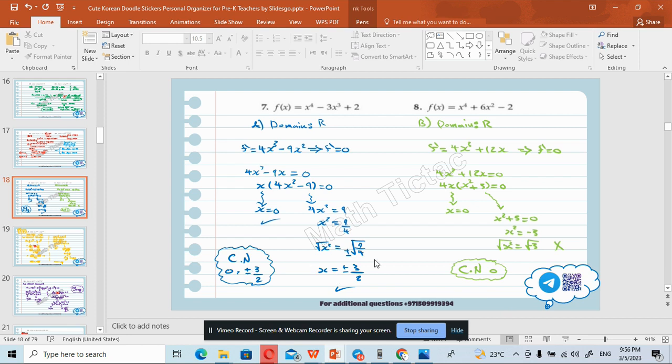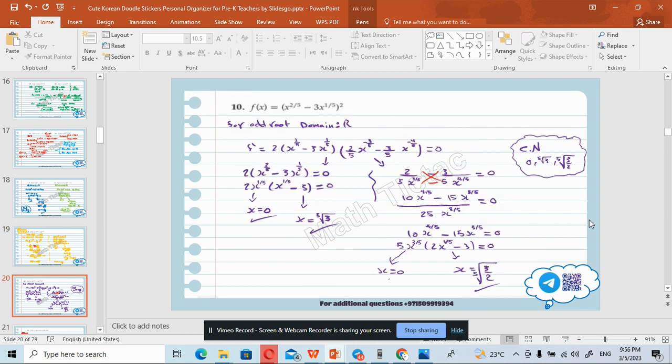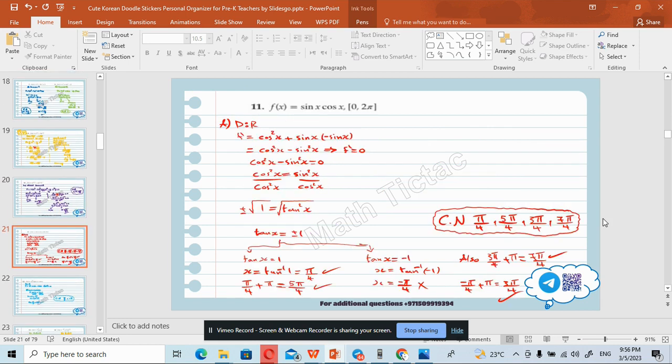In each question you can just find the critical numbers. Now if you would like to find the local points, you can directly substitute in the derivative and find if you have local maximum, local minimum, or neither. In here, this is for question 9. Some of these questions were already solved in the videos. This is question 10, and this is question 11.